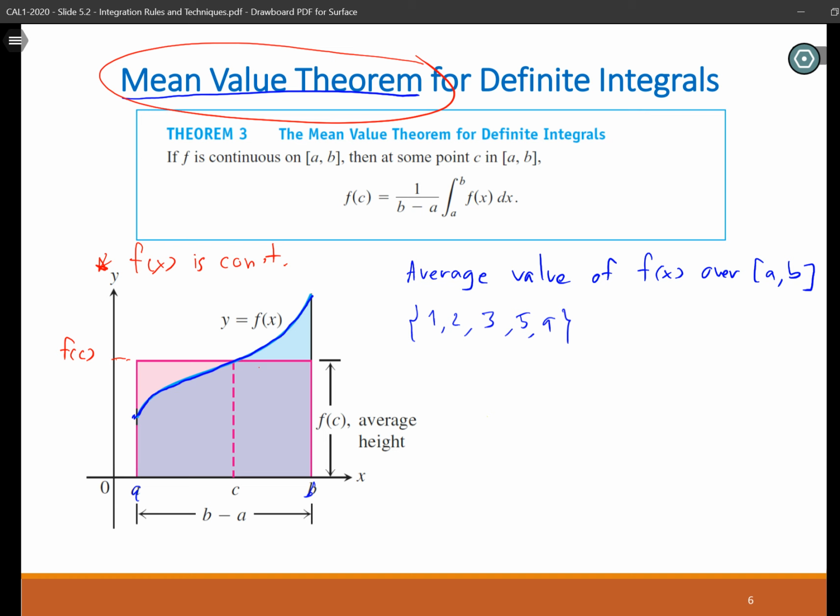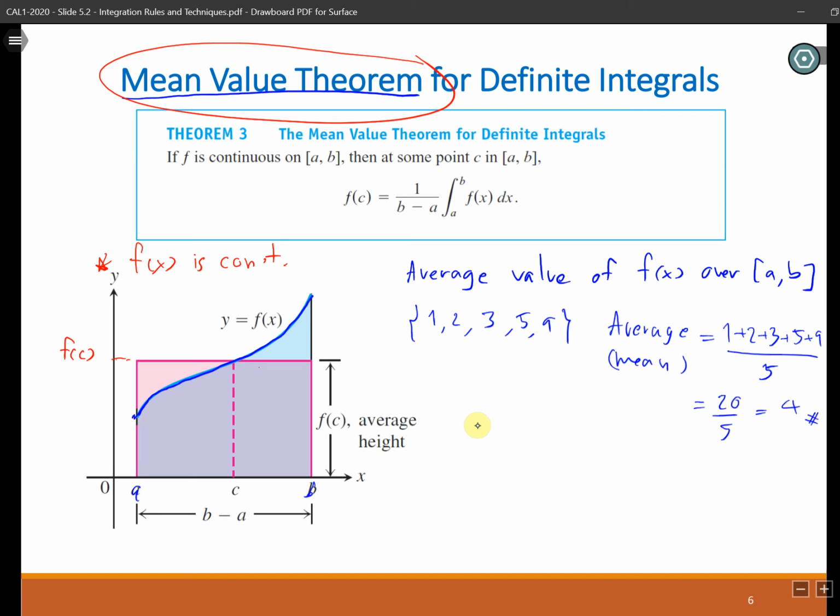I think most of you can, because most of you know that the average, or the mean, is the sum of all the numbers, 1 plus 2 plus 3 plus 5 plus 9, divided by the total count of numbers. We have 5 numbers, so in the end this is 20 divided by 5. So we know that the average value is 4.